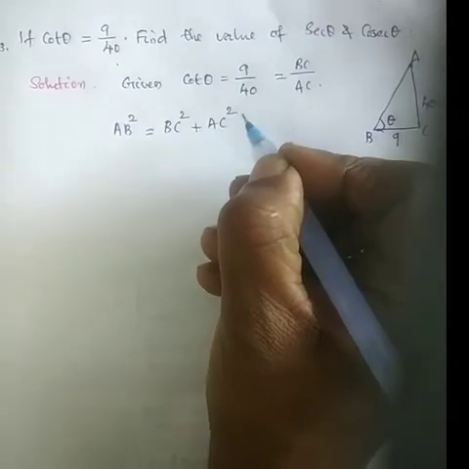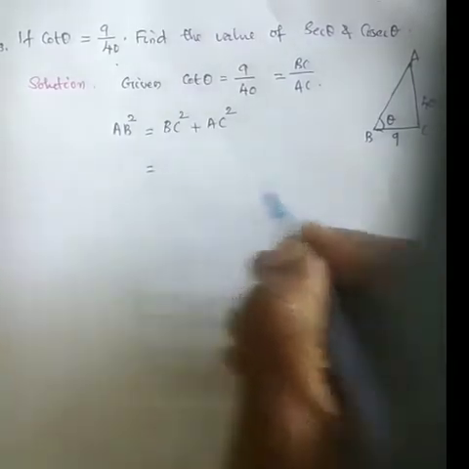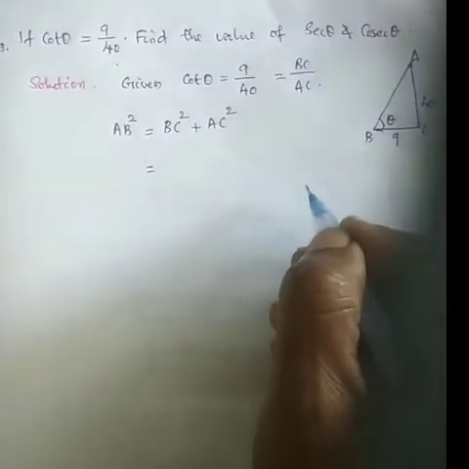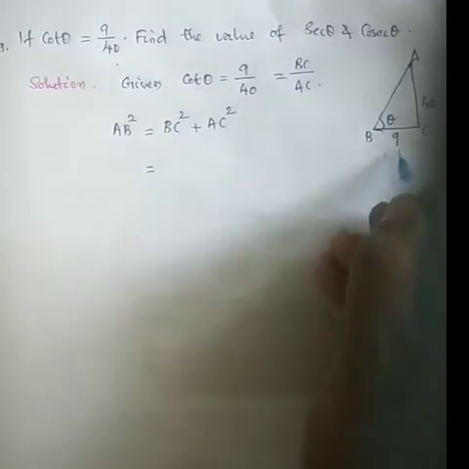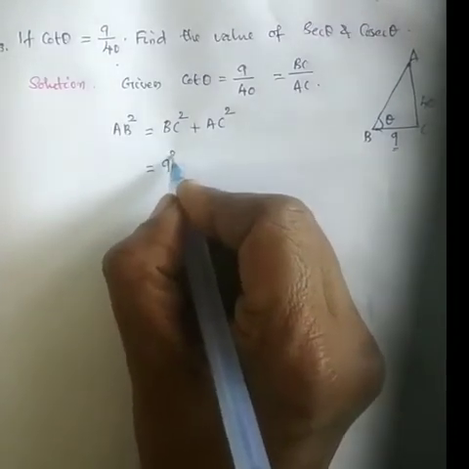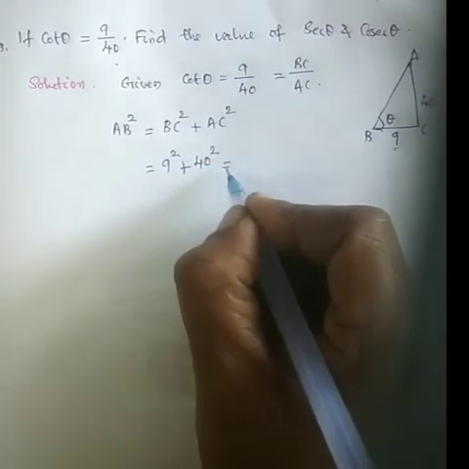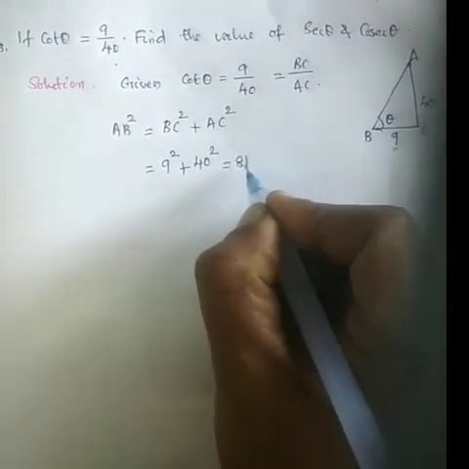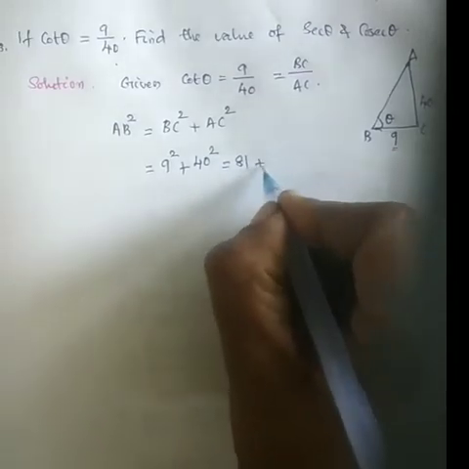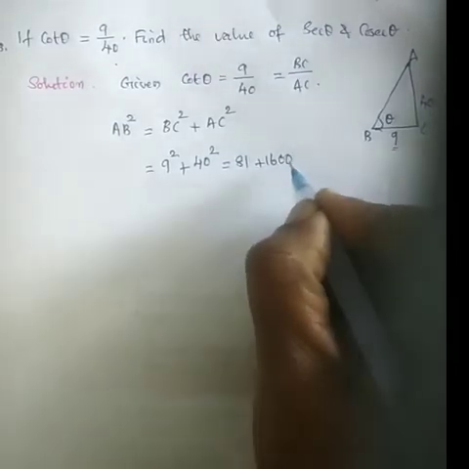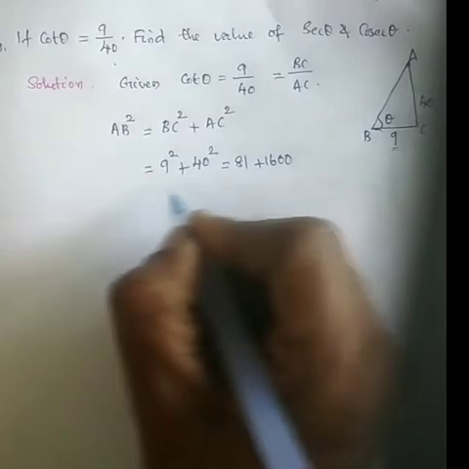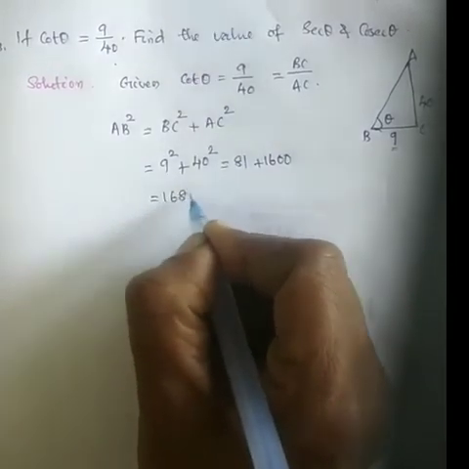So here BC is what? BC square is 9 square, and AC is 40 square. 9 square is 81 and 40 square is 1600. It is equal to 1681.